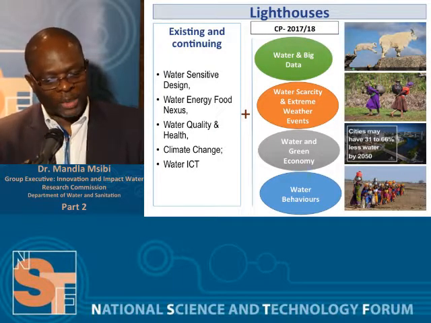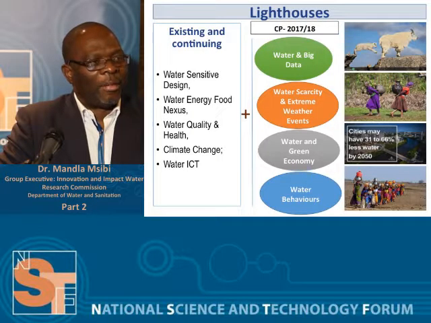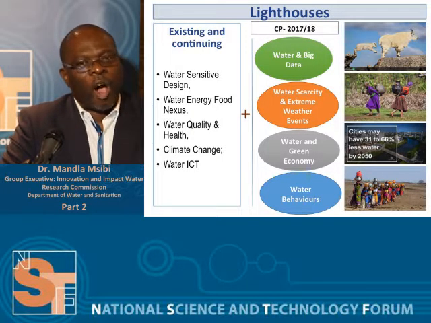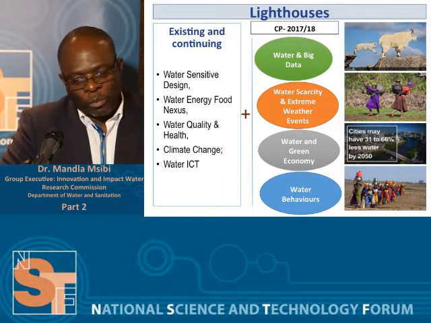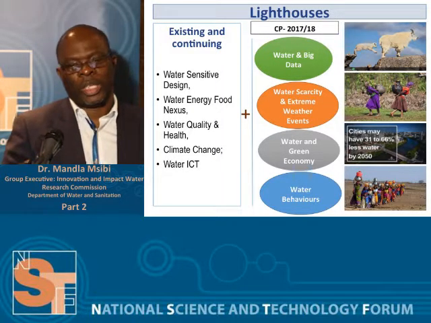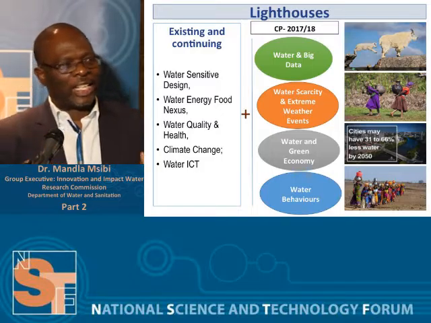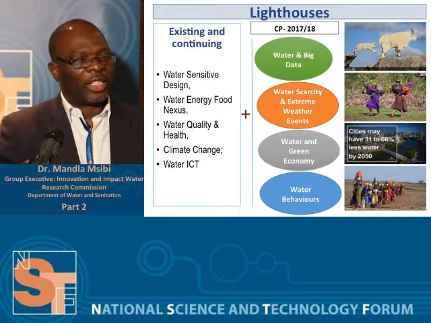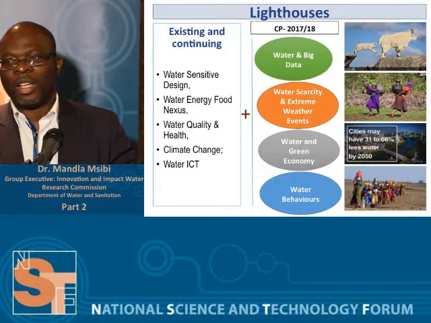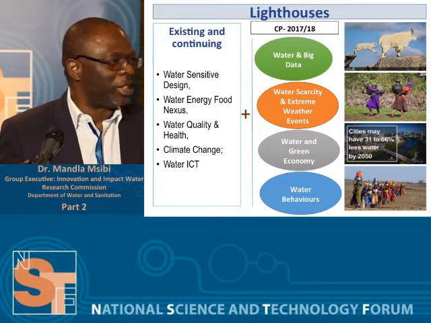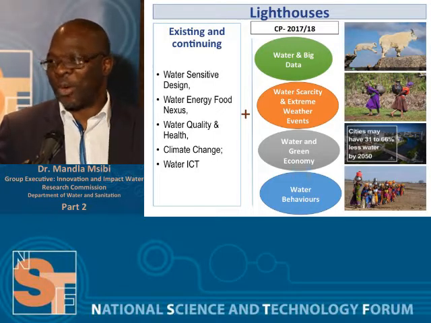One of them is water and big data, a new emerging area, and how big data is going to assist us in the future to manage our water. This whole issue is about moving from using data to predict to using data to prescribe. Not that I understand it fully, talk to the IT people, they tell you long, complicated stories, but it's going to be interesting, that's all I know.